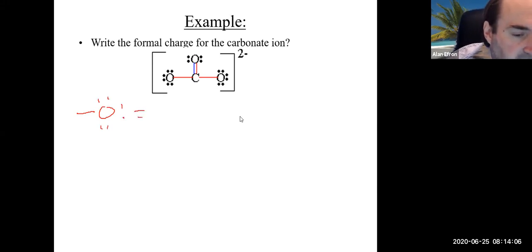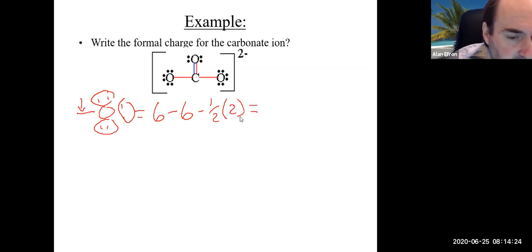So we start with the number of valence electrons, which is 6, minus the number of non-bonding electrons, which in this case would be 2, 4, and 6 as well. And minus 1/2 the number of bonding electrons, which would be that line there. And that represents 2 electrons. So that is 6 minus 6 minus 1 gives you a -1. So this oxygen here has a -1 formal charge. This oxygen here also has a -1 formal charge.